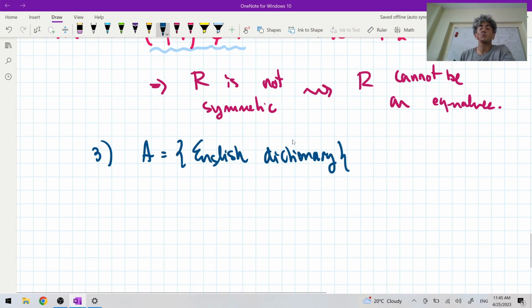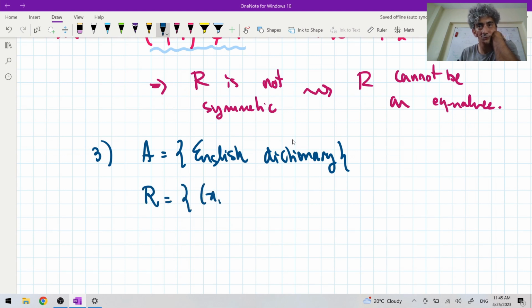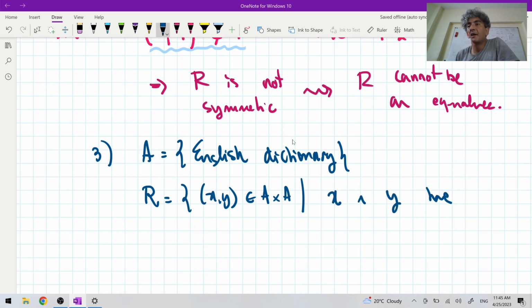And we will define a relation this way. It consists of the pairs such that x and y have the same number of letters.